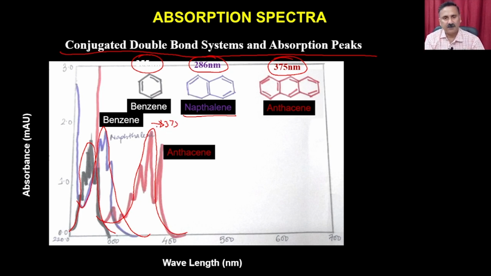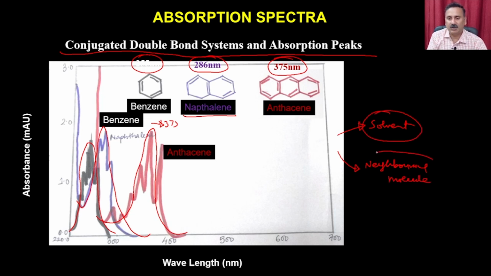Absorption spectra are very sensitive to two things: the solvent molecules and the neighboring molecules. This means you can use the absorption spectrum to see how something affects the enzyme structure.